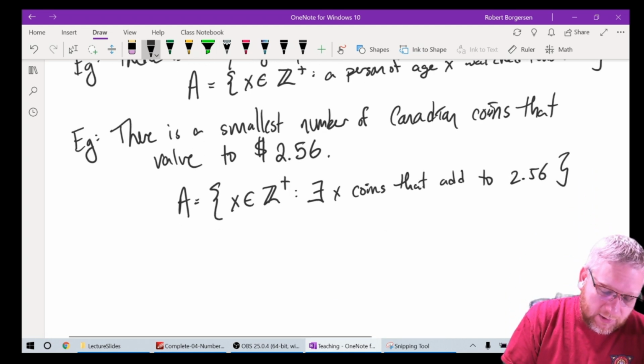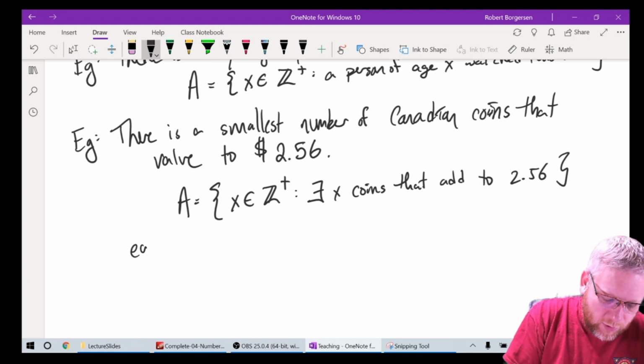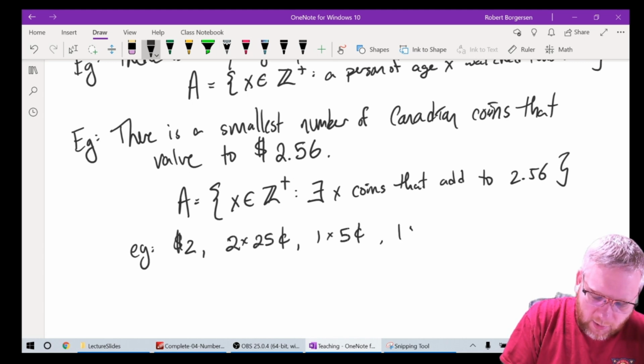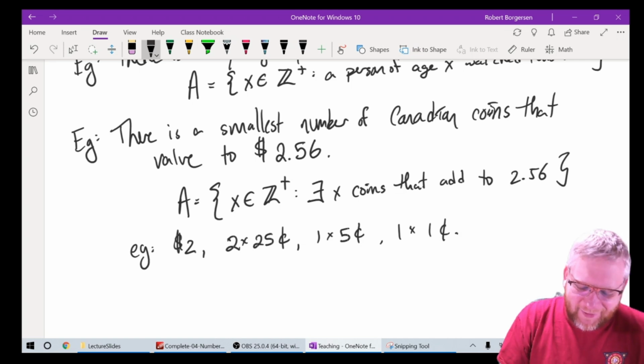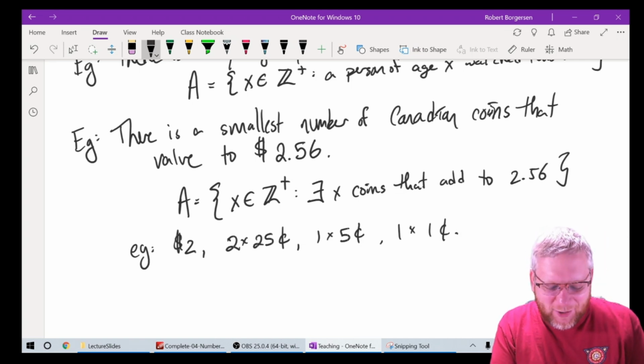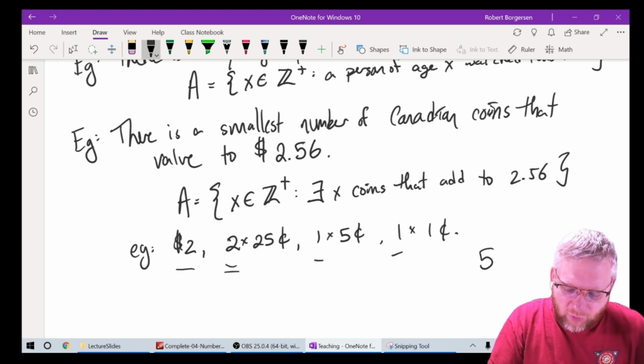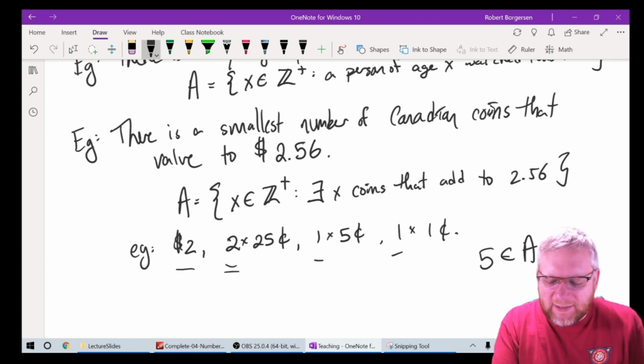And so, for instance, you could do a $2 coin, two 25-cent coins, one 5-cent coin, and one penny. Oh, we don't have pennies anymore. We'll pretend we do. So how many coins is that? We have 1 coin, 2 coins, 3 coins, 4 coins, 5 coins. And so that proves that 5 is in the set A.